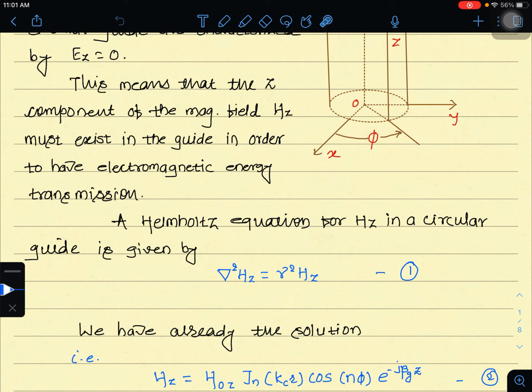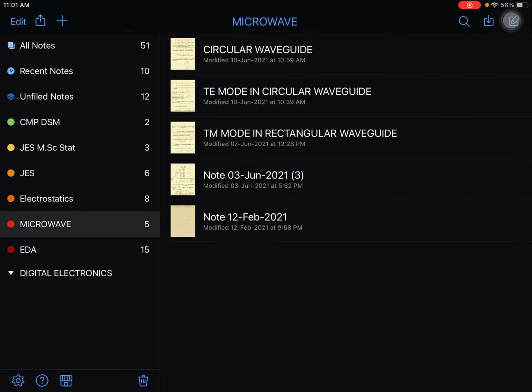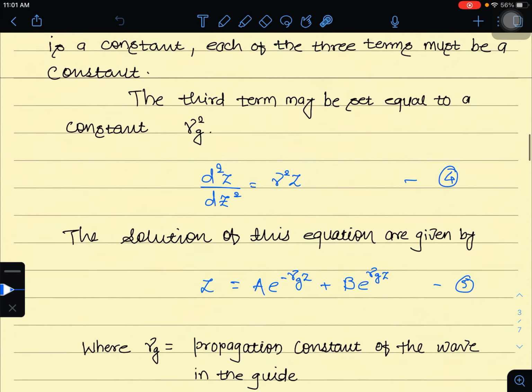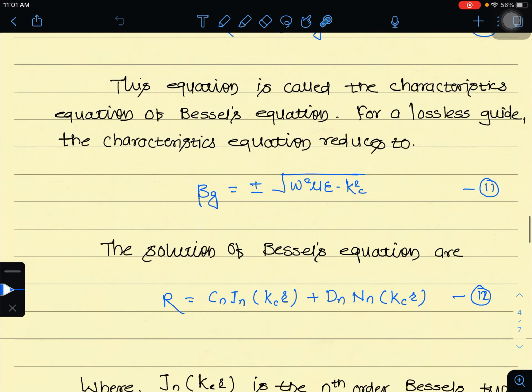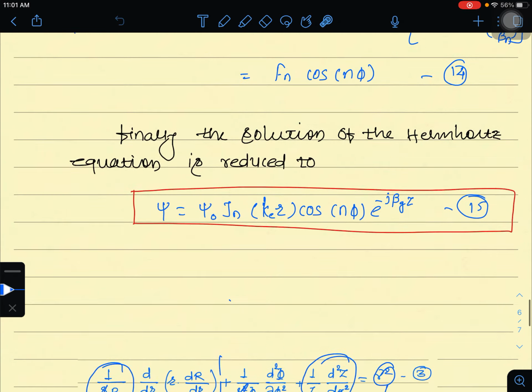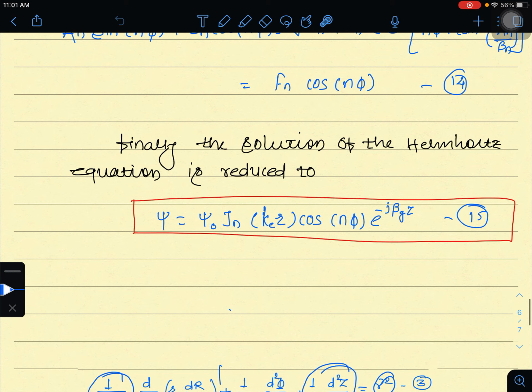In the previous lecture, the first lecture on the circular waveguide, the Helmholtz solution was psi equal to psi 0 J n (k c r) cos(n phi) e raised to minus j beta g z.